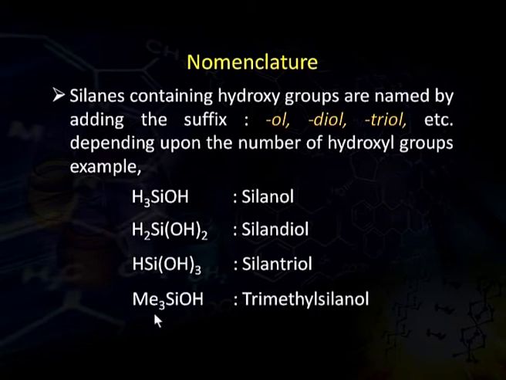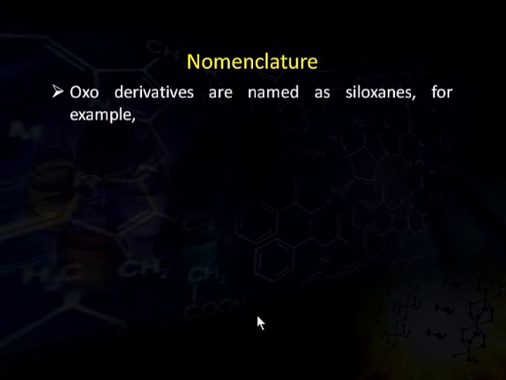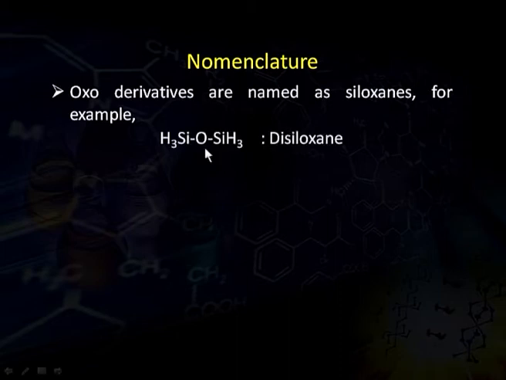For example, we have this particular example SiH3OSiH3. So, these SiH3 units are joined together by oxygen, the name would be disiloxane. Here, this is also disiloxane, but here the hydrogen has been substituted by the methyl group. So, 6 methyl groups are present here, the name would be hexamethyldisiloxane.